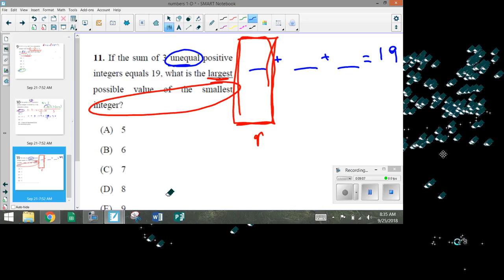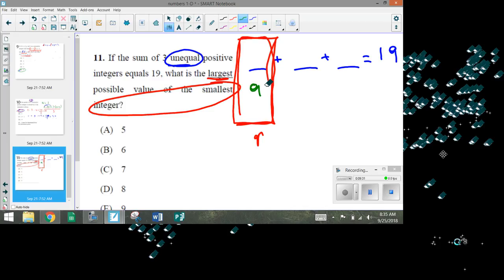So look at the answer choices. Which number is the largest? Dalia, what number is largest in the answer choices? 9 is largest. Let's try 9. Okay, so the next number can be, read the question. Unequal, it cannot be 9.